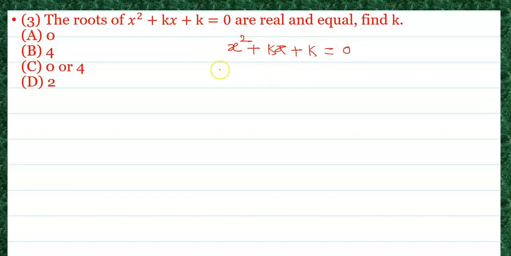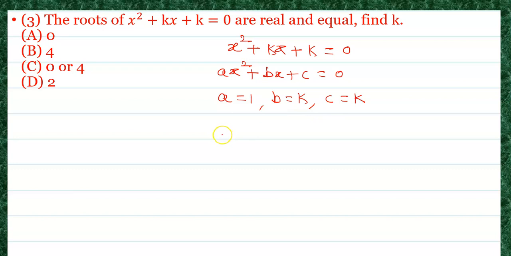If you compare with ax square plus bx plus c is equal to 0, then what is the value of a? a is 1, that is the coefficient of x square. The value of b is k, and the value of c is k.